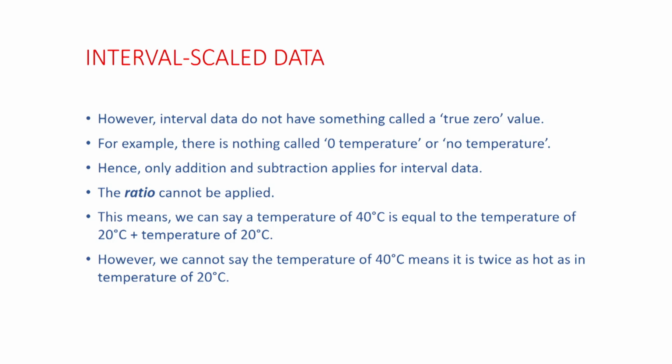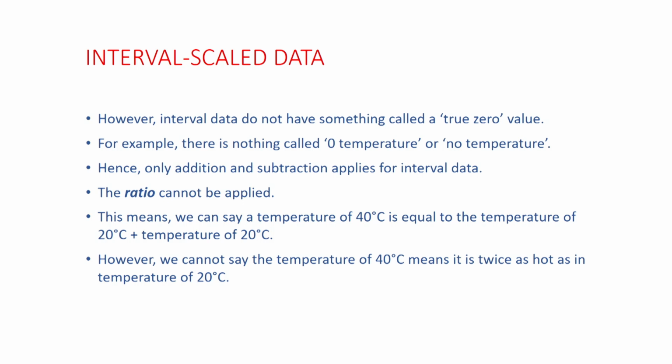So, that is why there is no true 0 value in interval scale data, and because of that we can say that ratio cannot be performed. We cannot take the ratio of two values of interval scaled data. We can take addition, but multiplication does not seem to fit this data.